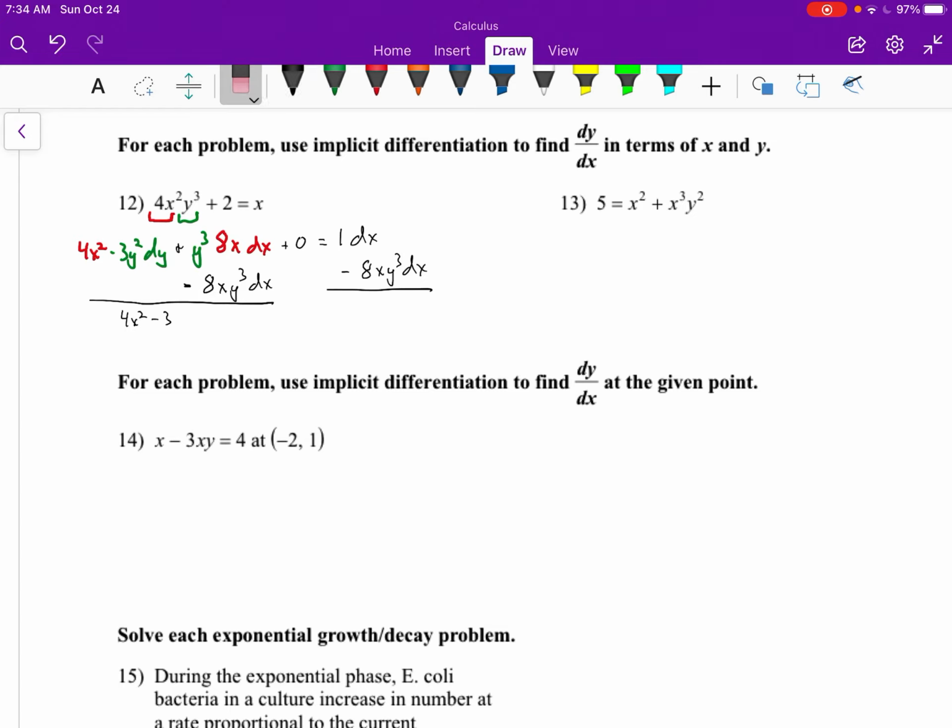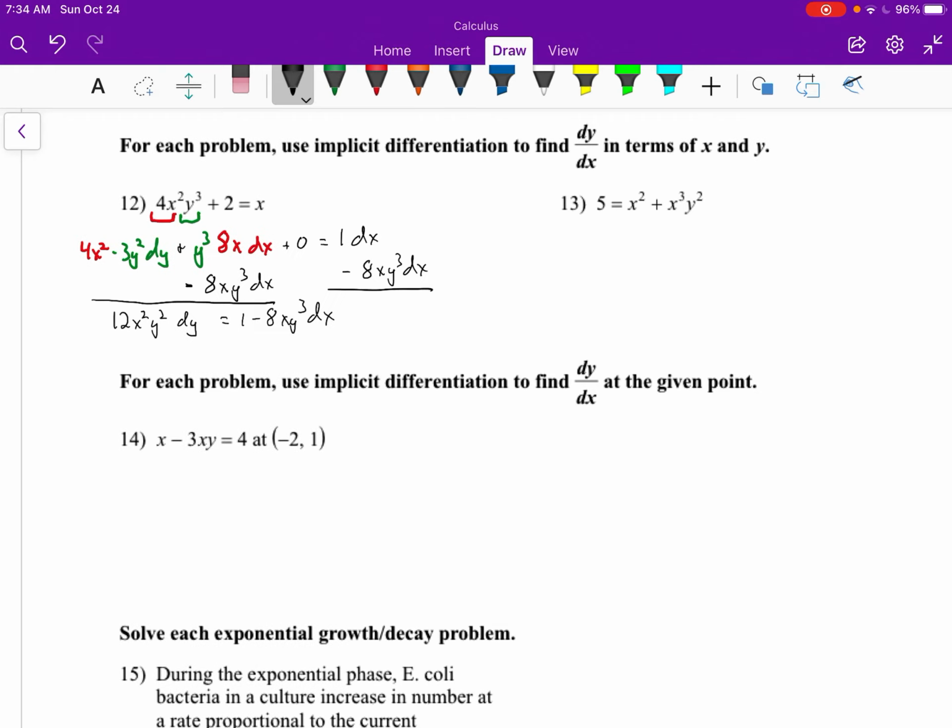So let's put that all together. So this is 12x squared y squared dy equals 1 minus 8xy cubed dx. We'll divide both sides by dx.